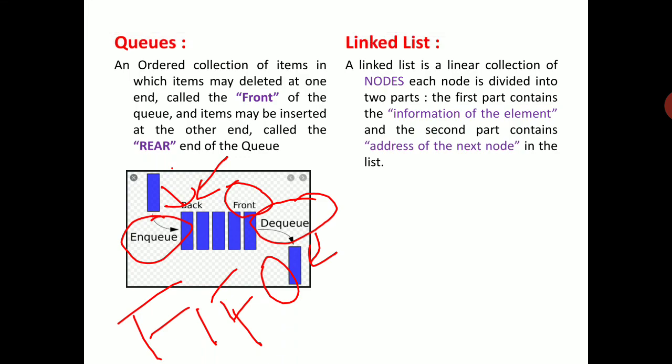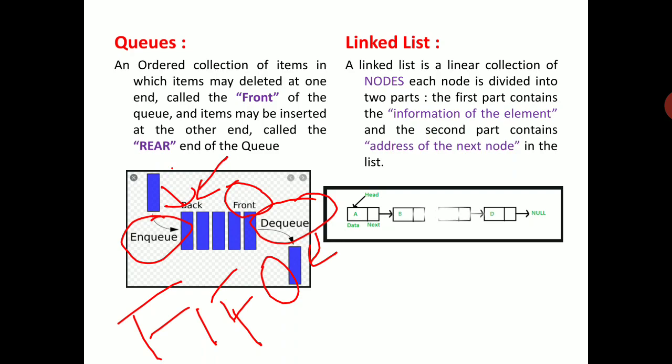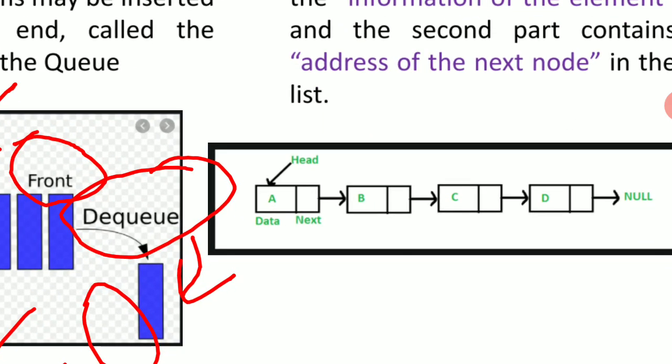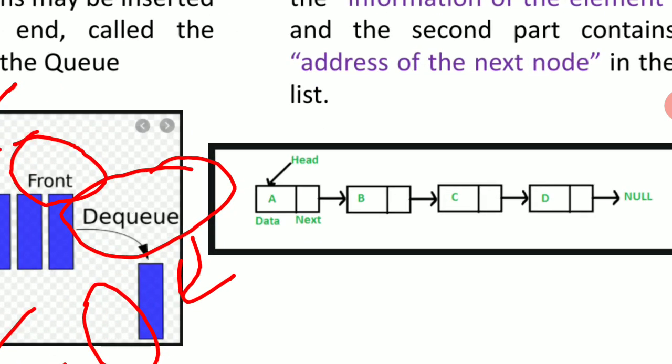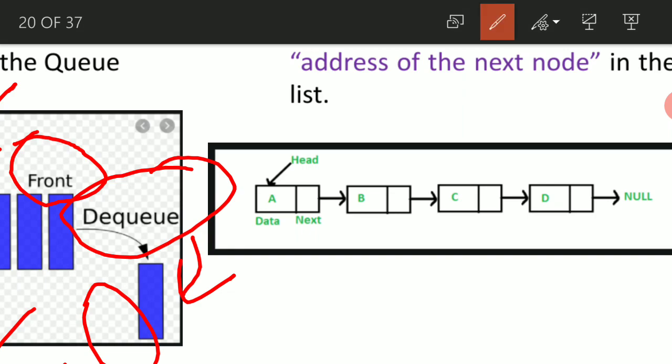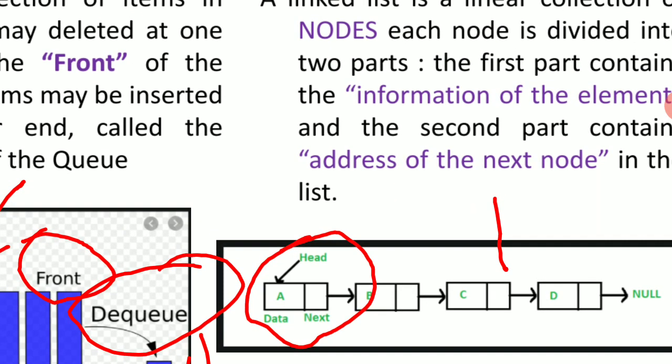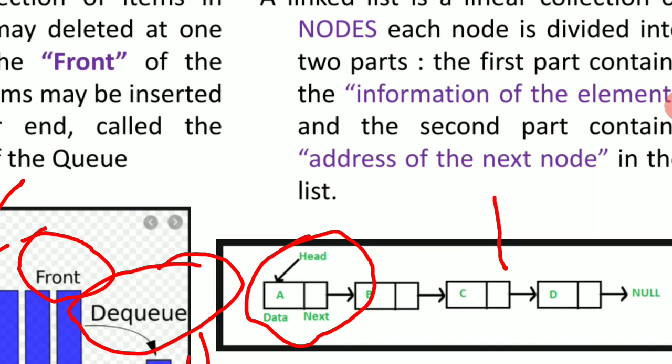Okay, we'll see an image here. There is an image of a linked list. In this image you can see there is a node called A. See this A, this is the head node.